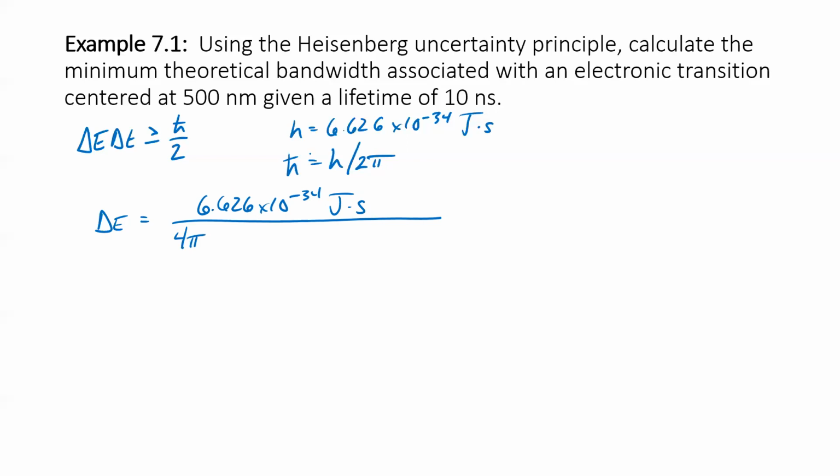Divided by 2 pi to get h bar, and then divided by this 2 gives me 4 pi, times 10 nanoseconds, that's 1.0 times 10 to the negative 8 seconds.